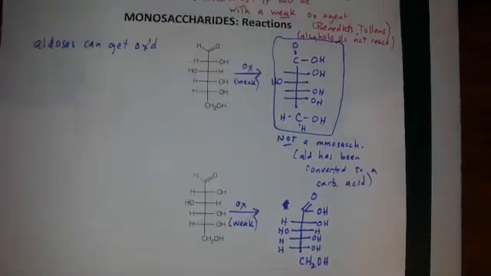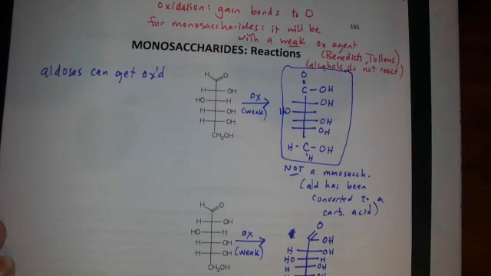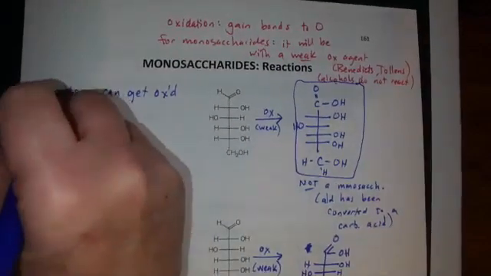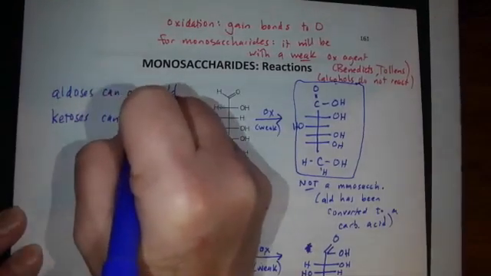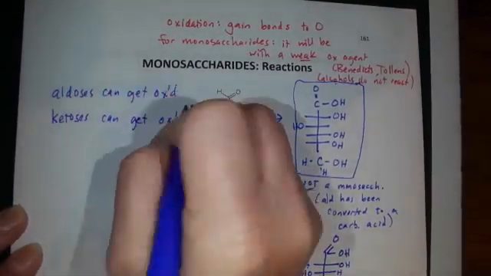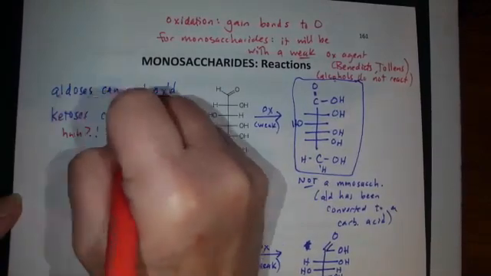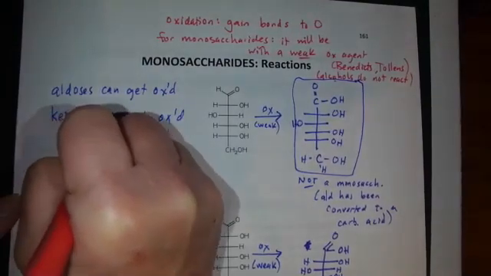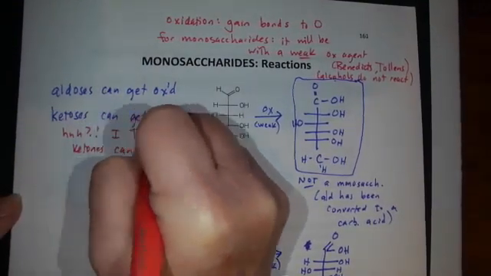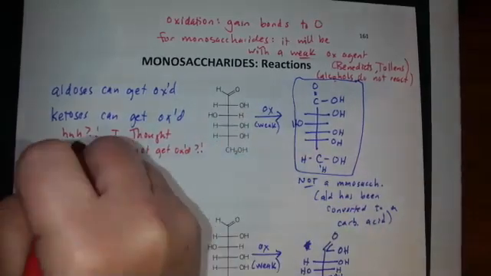For reasons that we're not getting into in detail in this course, but we'll see a bit of the reason why in the next video, it's also true that ketoses can get oxidized. And you might say to yourself, huh? I thought ketones cannot get oxidized. That's correct.